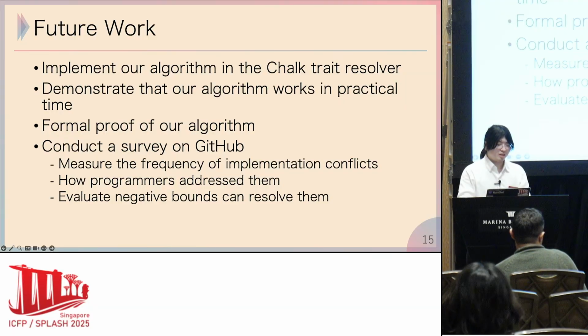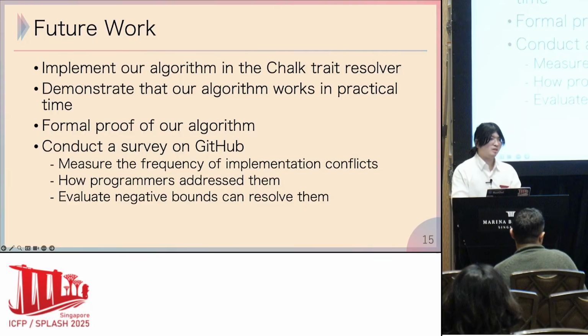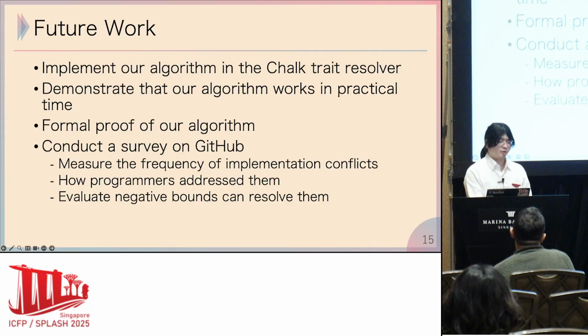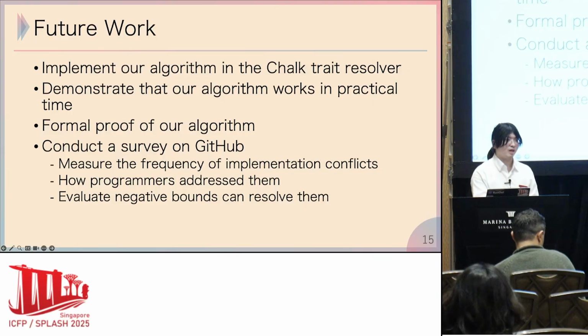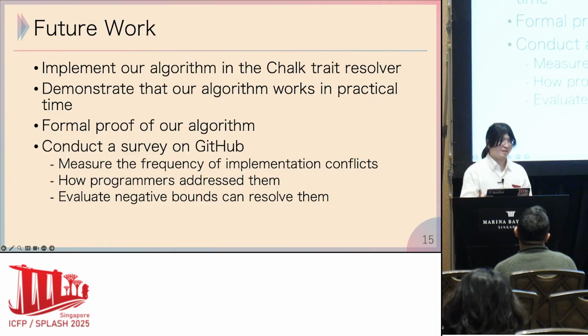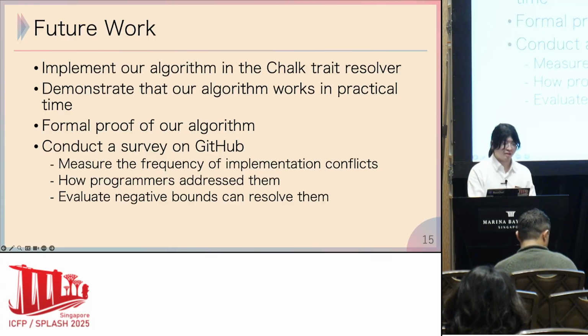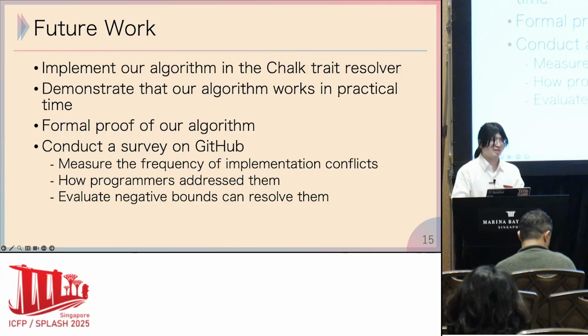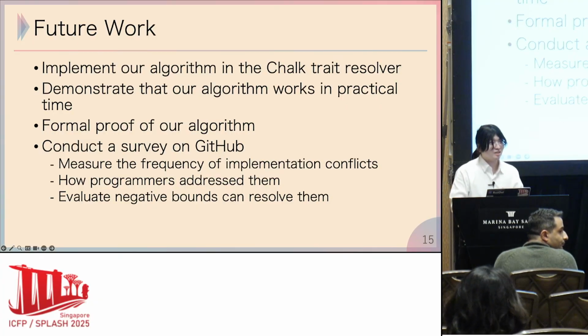Maybe we can provide formal proof for a small subset of Rust, but maybe we have to implement it with the large, full set of Rust, and next, maybe its priority is low, but I would like to do it, but no idea. So sorry, is that the answer? Yes. Okay, thank you.